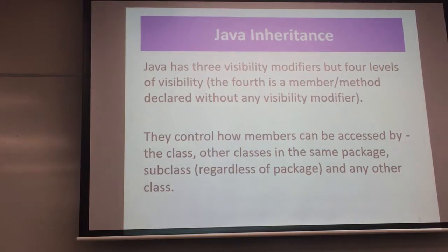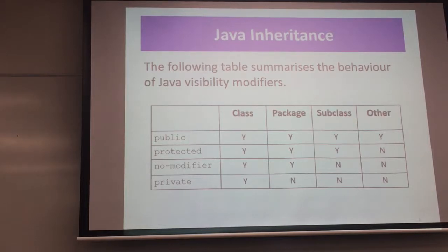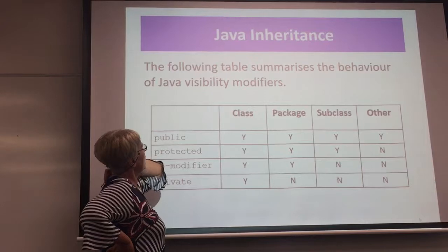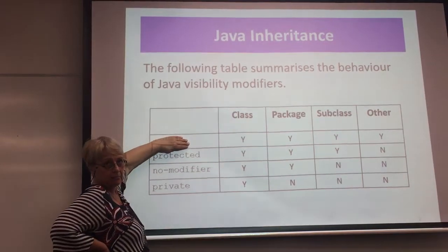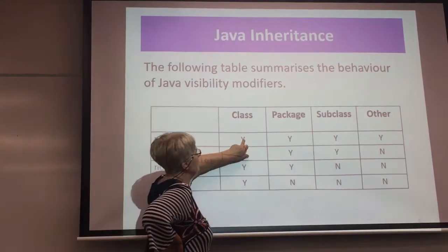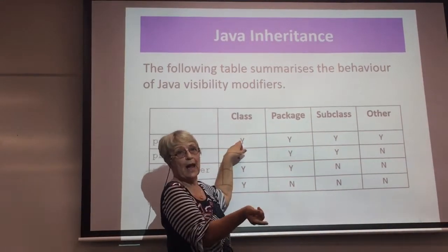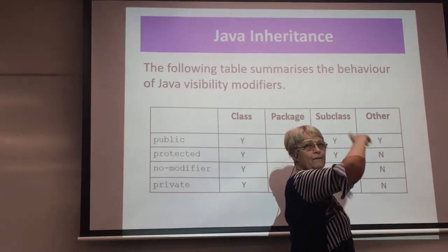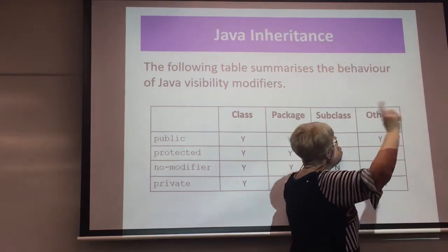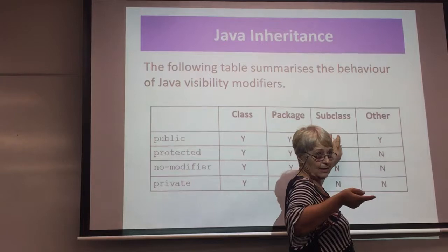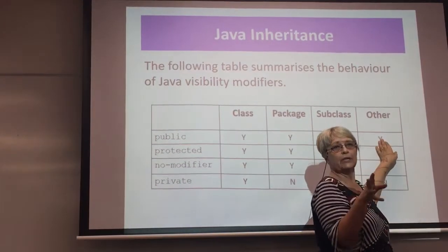So the visibility levels decide who has access to what. If we look at this small table, if we have a public method or field in a class, that is available to the members of the class, available to the package where the class is, so everyone in the package has access, available to the derived classes, subclasses, and available to the outside world.